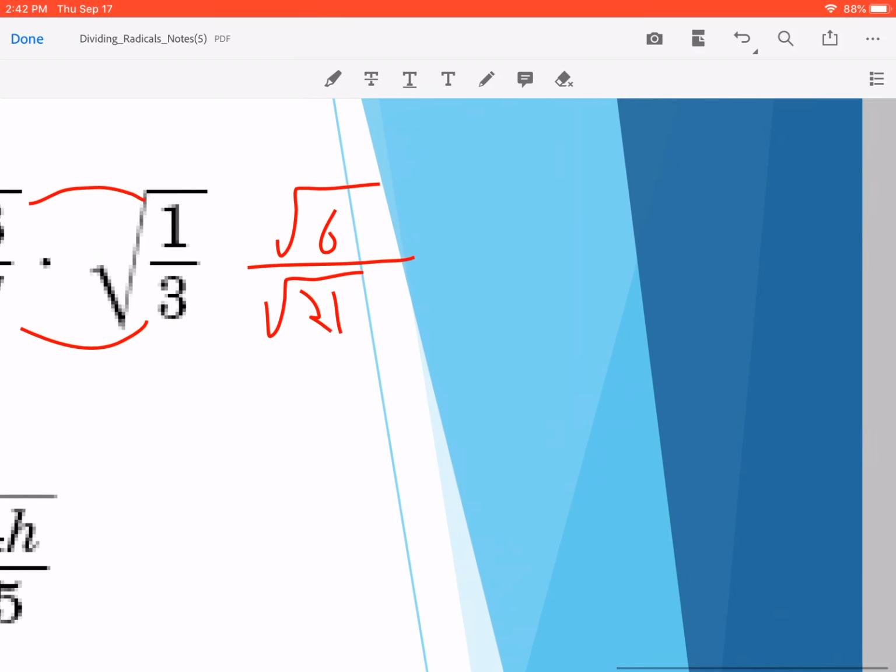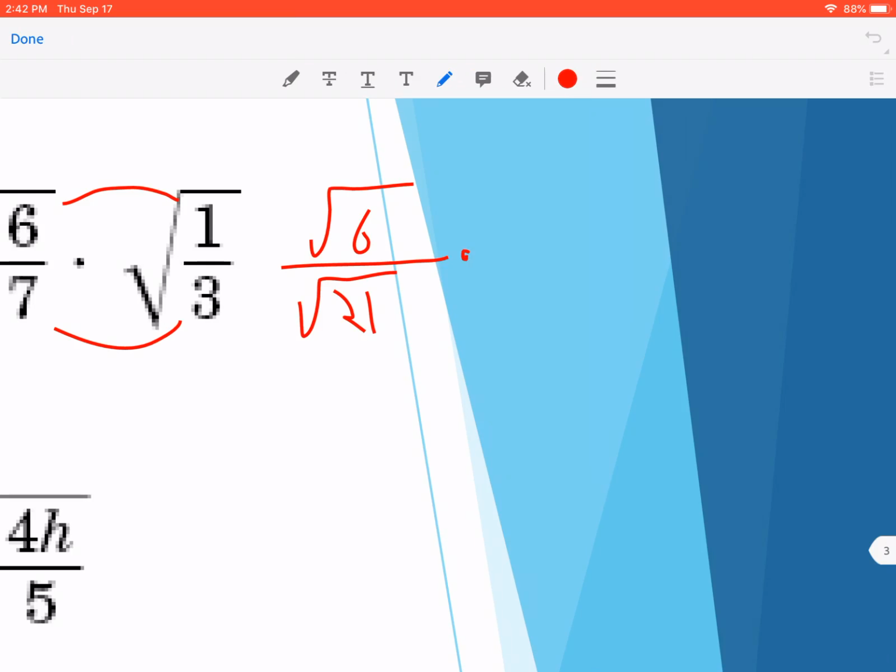The only way to get rid of it is multiply by radical 21 over radical 21. Okay, so on the bottom, a radical 21 times a radical 21 should just be 21. You can multiply 21 times 21 and do the square root of that, but you don't have to. That's just going to be 21. If you want to use your calculator, 6 times 21 on the top is 126.